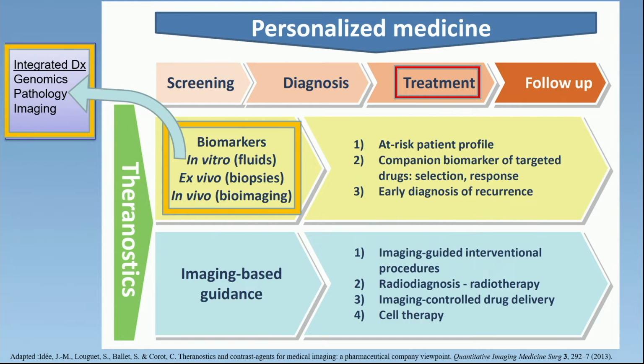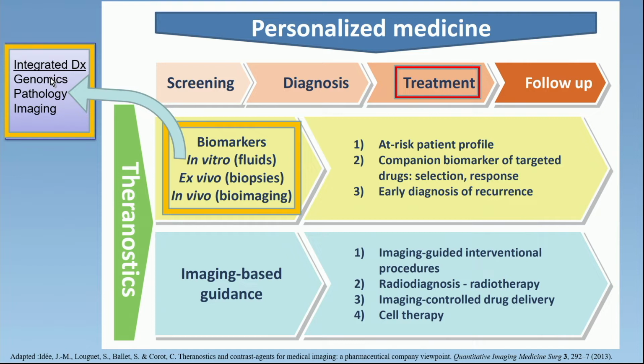A lot of people put theranostics under this larger umbrella, which everyone's heard of, personalized medicine, okay? In personalized medicine, there's screening, diagnosis, treatment, and follow-up. And so you have to have integrated diagnostics fall into this personalized medicine.